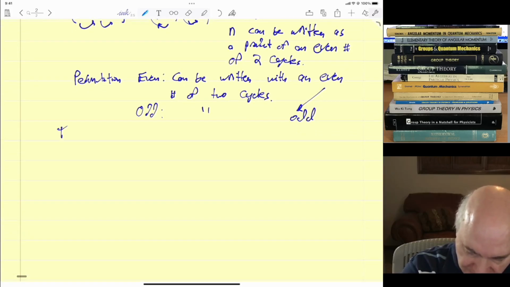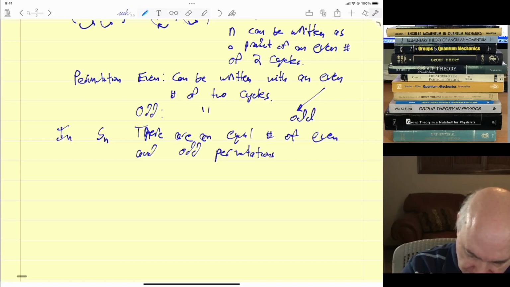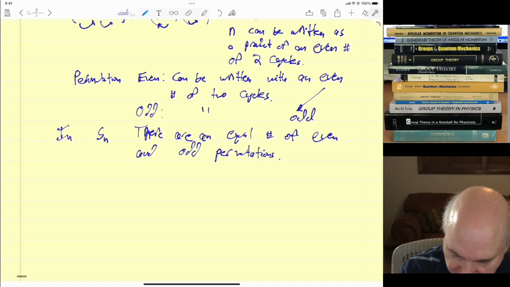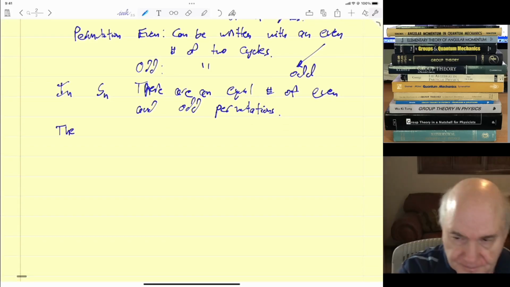And in Sn, in any permutation group, there are an equal number of even and odd permutations. And I think I mentioned this last time, but I'll mention it again.